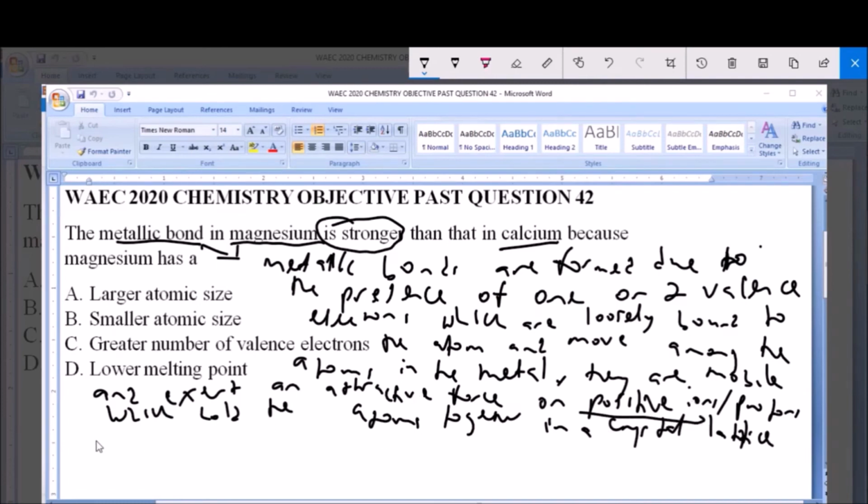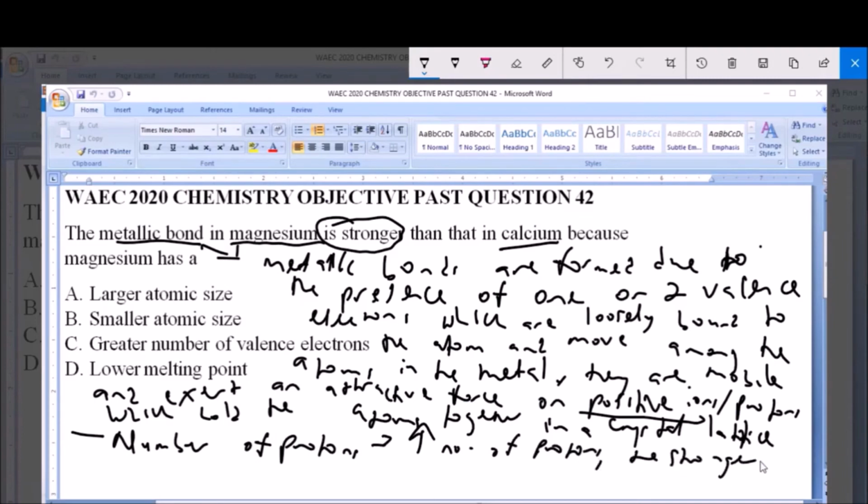Now, there are certain factors that determine the strength of a metallic bond. The first factor is the number of protons. Now, the higher the number of protons, the stronger the bond. This is based on the fact that when you have more protons, the attractive force between those protons and the valence electrons will be much stronger.